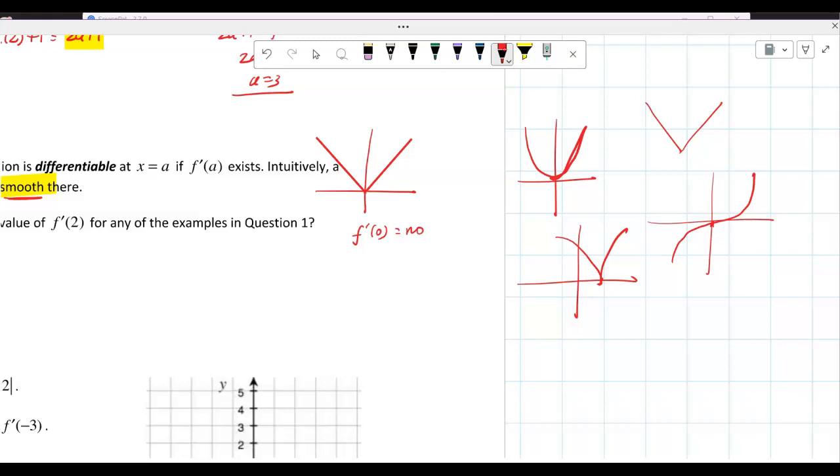Even a parabola has a derivative, with no sharp points. So a cusp doesn't have one. At an end point also the derivative doesn't exist, because it's just a point. It has to be a curve.